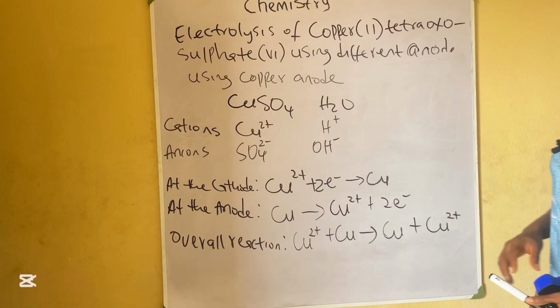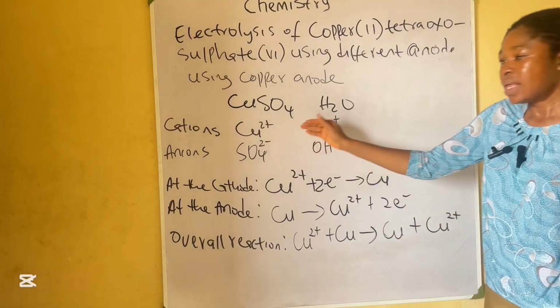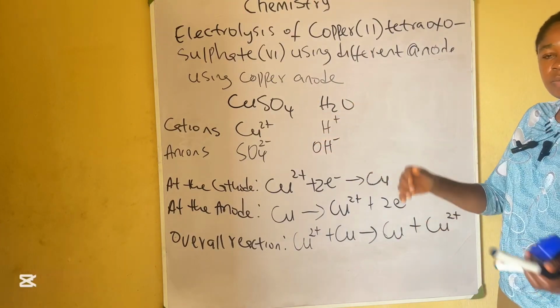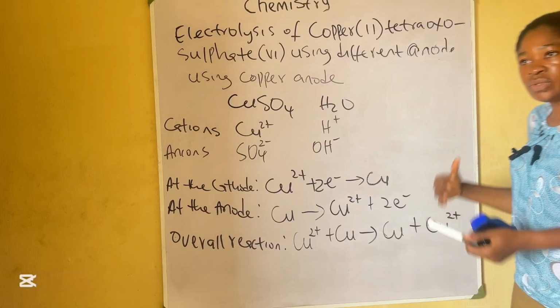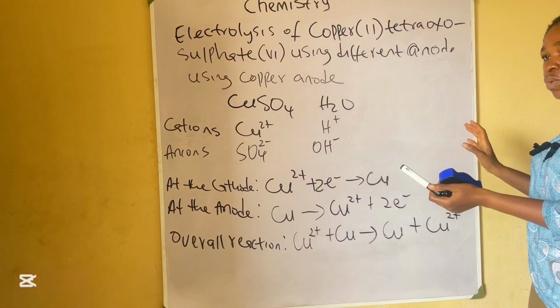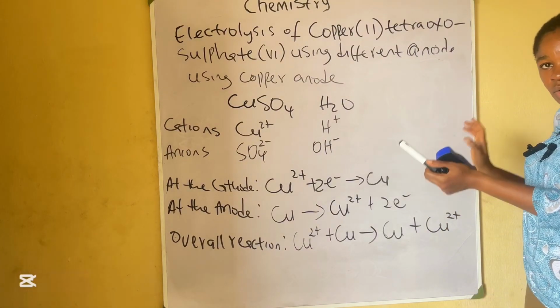So look at this equation. The copper anode dissolves in the solution, and the ions migrate to the cathode, where they are deposited as metallic copper.